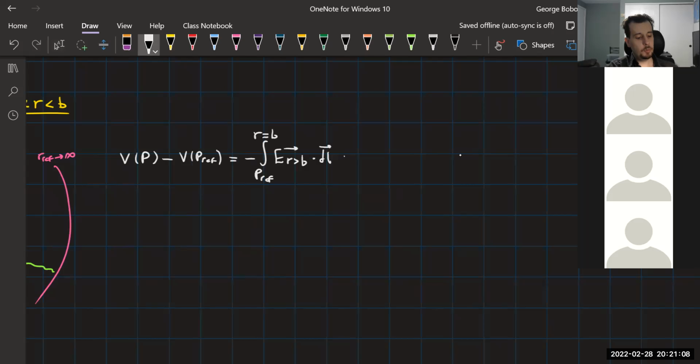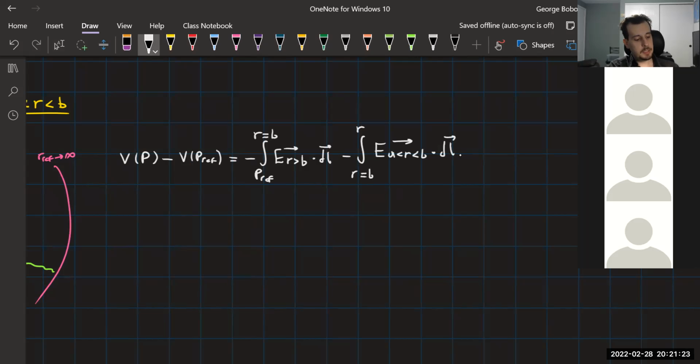And then we continue from that shell, from R equals B, to the point of interest over here, integrating this electric field until we get there.